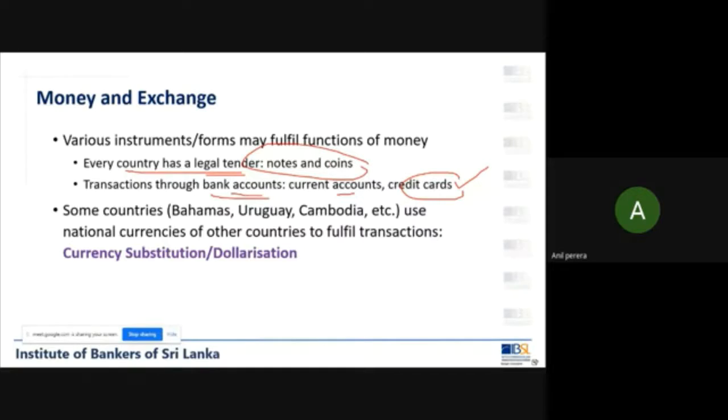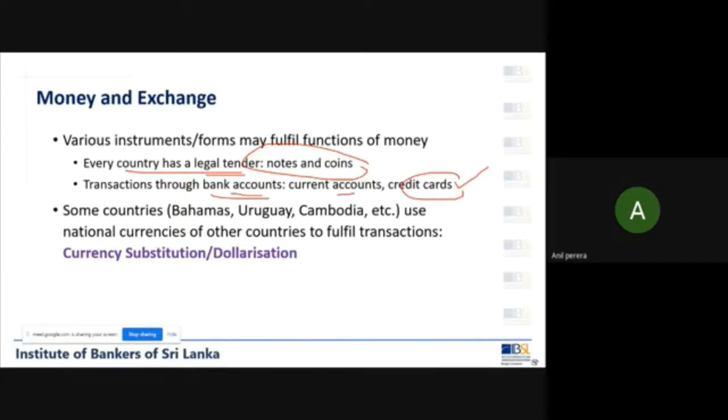Likewise, the UK has sterling, the Euro area has euro, Japan has yen, China has renminbi, Malaysia has ringgit. Likewise, you try to memorize. Now, that suggests every country has a legal tender.